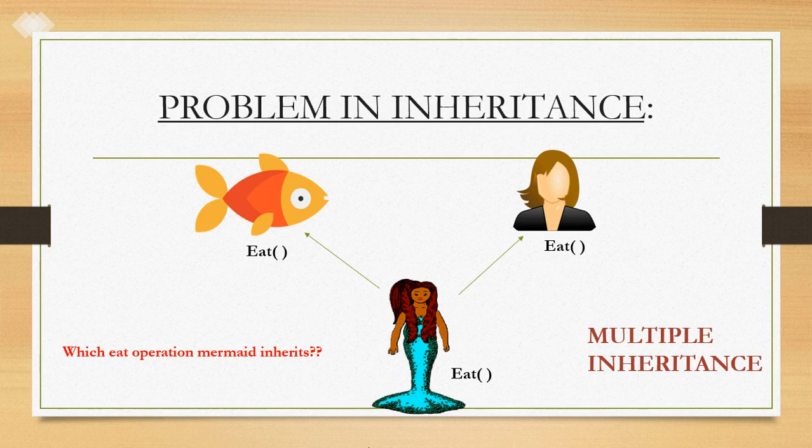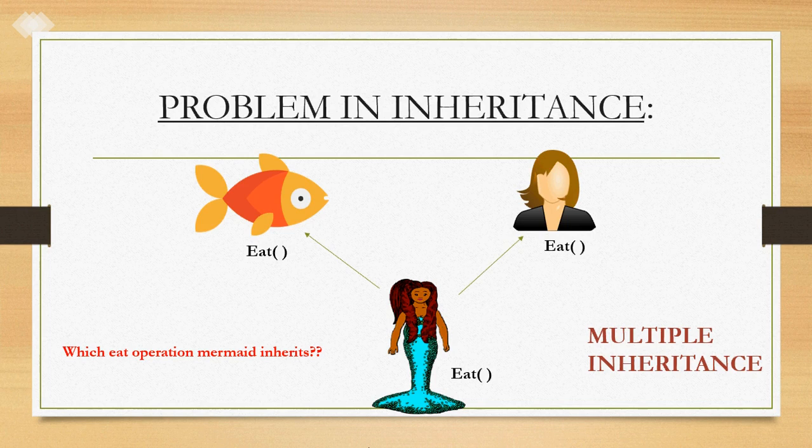Okay, the problem in inheritance is the reverse of what we just discussed: here we have two parent classes, fish and woman.